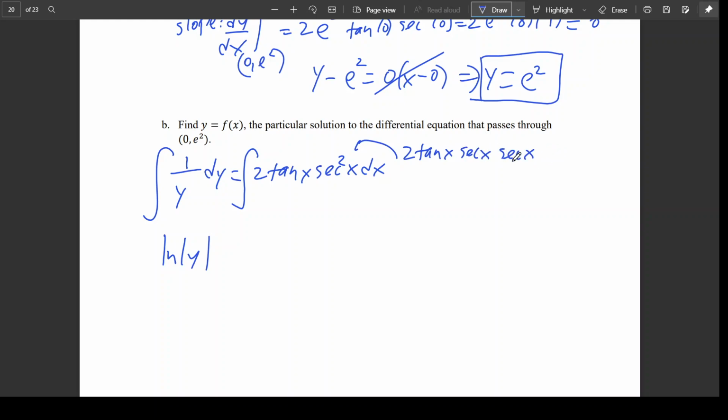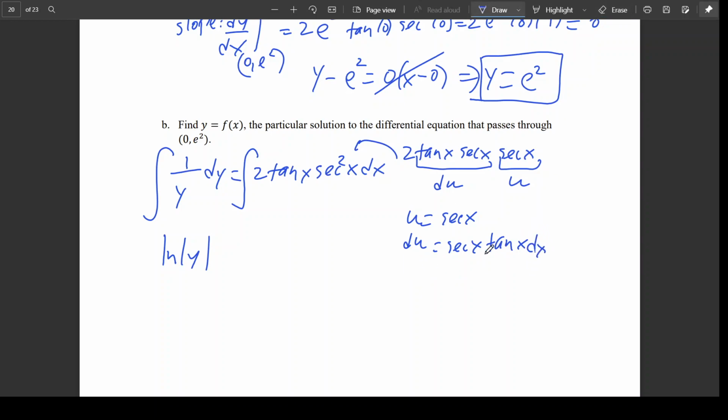So I have my function, secant, and its derivative, secant tangent. So I'm going to let u equal secant of x. Then du dx equals secant of x tangent of x, and du equals secant of x tangent of x dx.